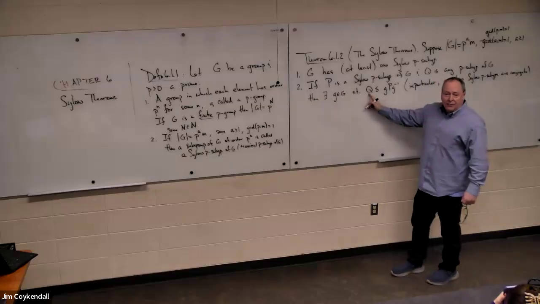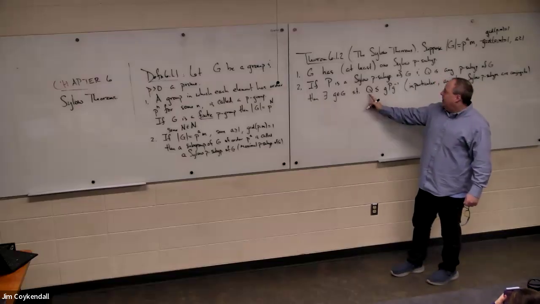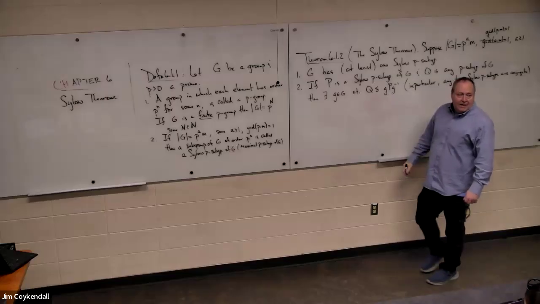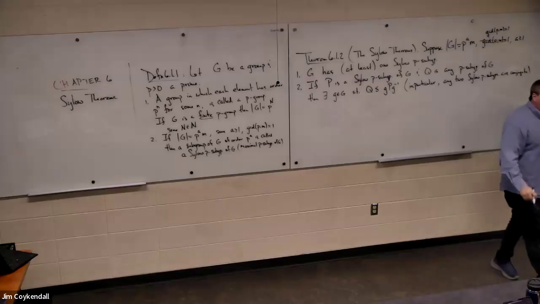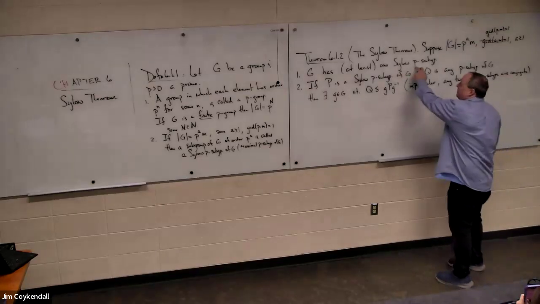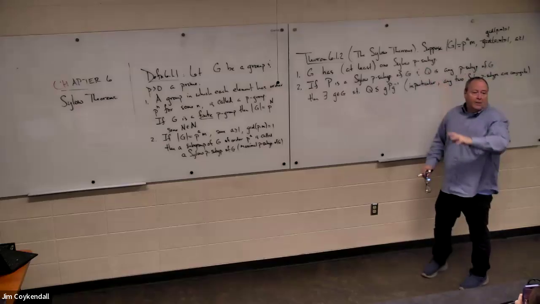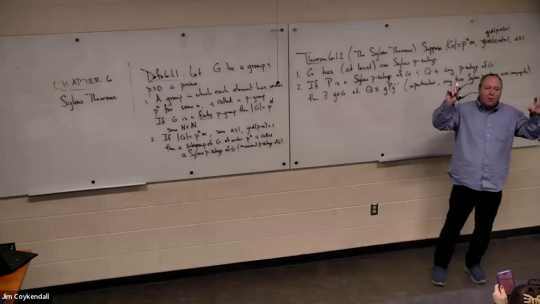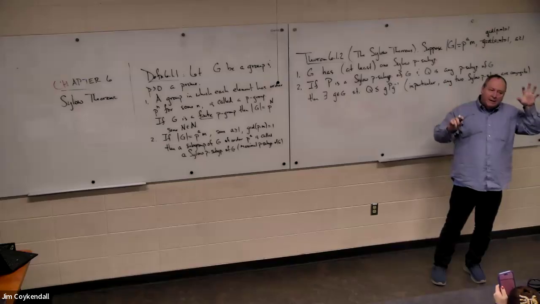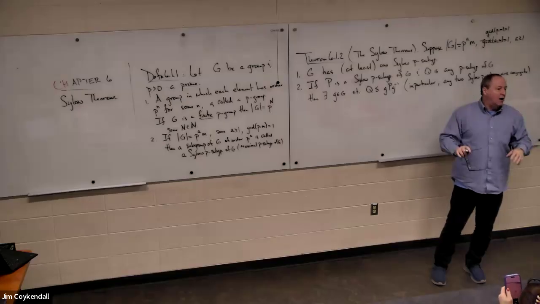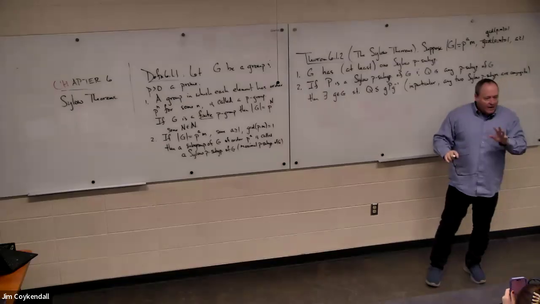Because in fact, if this is a group of order P to the A, and it's contained in this conjugate, which also has order P to the A, then these two have to be equal. So what that means is there's at least one Sylow P subgroup. And if there's more than one, pick any 2 of them, P1 and P2. P1 and P2 are conjugate. I can conjugate P1 to get P2.